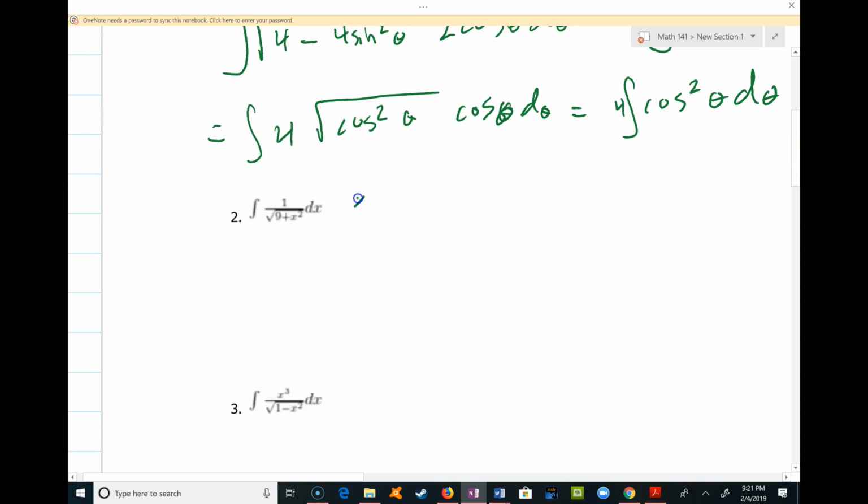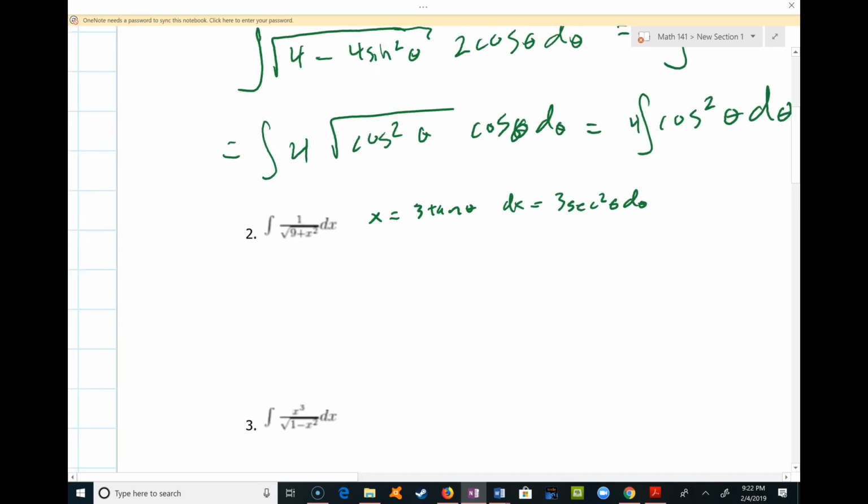So if we let x equal 3 tangent theta, that means that dx is equal to 3 secant squared theta d theta.